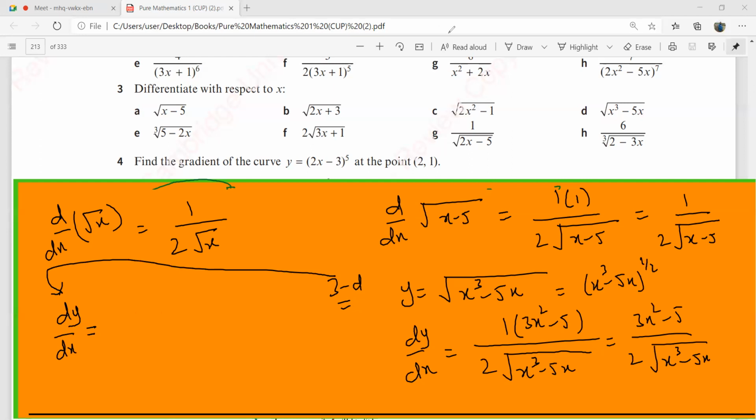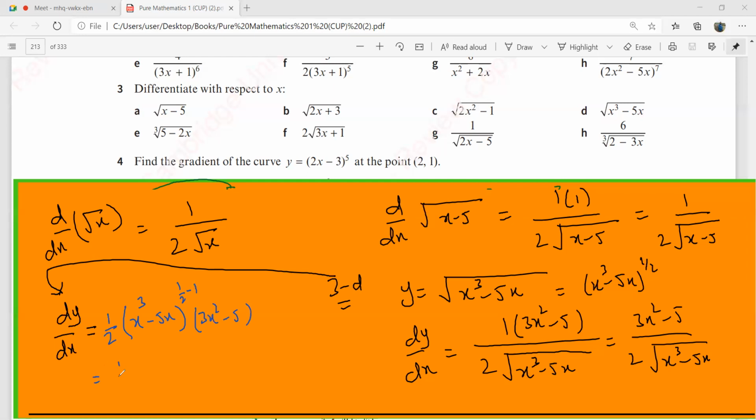So let's use this power, and then you see this will be half into, if for instance you want to do this with full working, half minus 1, and then its derivative, that is 3x squared minus 5.